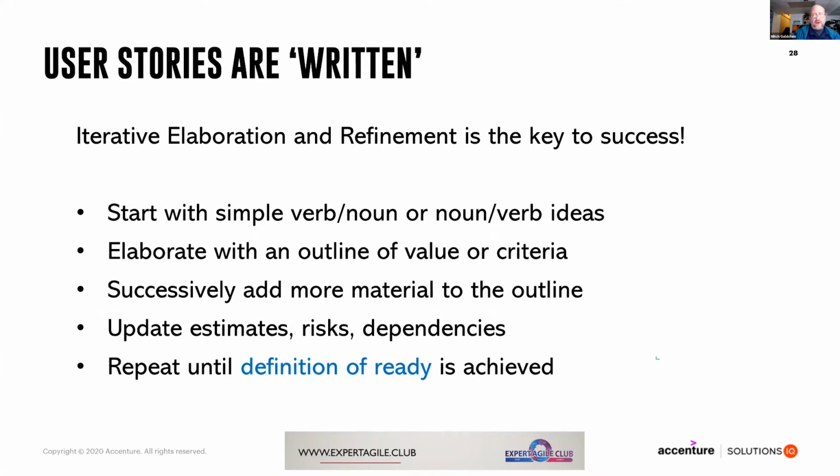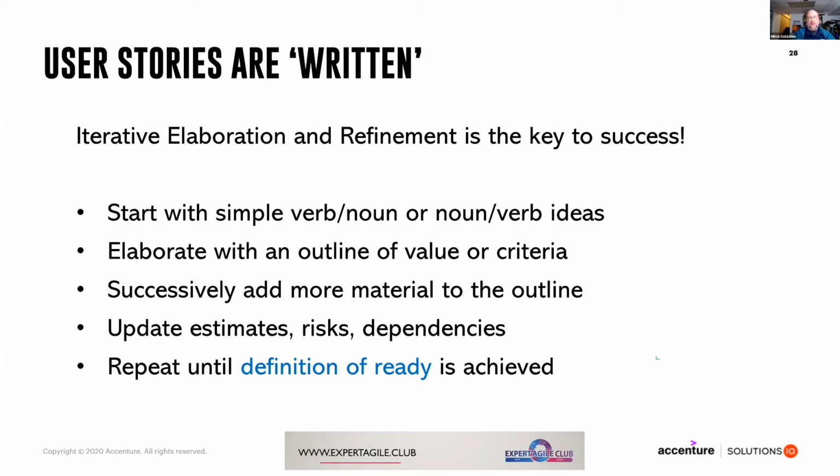And that's a whole other talk unto itself as well, but just in case you're not familiar with it, we say the definition of ready is part of a team agreement between the product owner and the team, or among the team, as to what constitutes when a story is ready to be engaged by the team. And the simplest version of that is the INVEST mnemonic that we looked at a few moments ago.